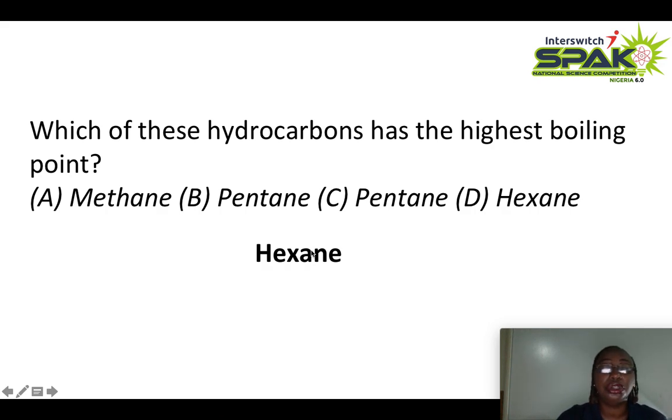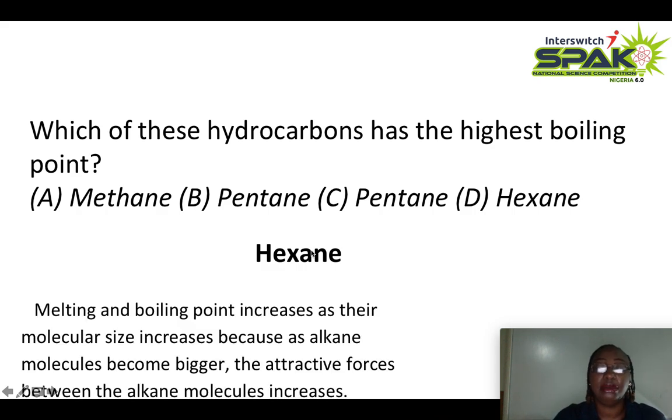From this question, you will realize that the formula C6H14 is bigger than the other compounds there. Methane is CH4, pentane is C5H12. Oh, we have two pentane. But the answer is ethane here. Melting and boiling points increase as molecular size increases, because as alkane molecules become bigger, the attractive forces between alkane molecules increase.